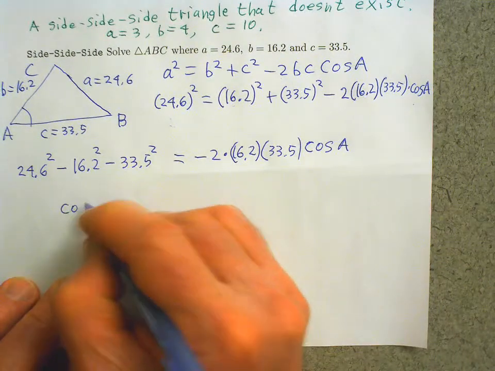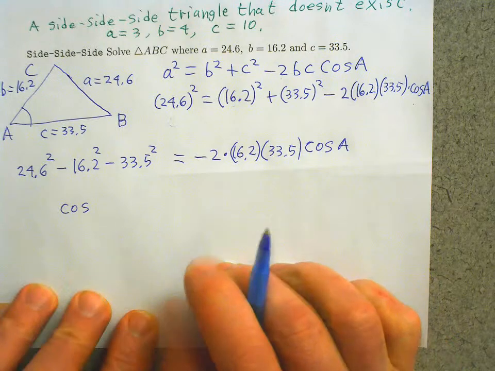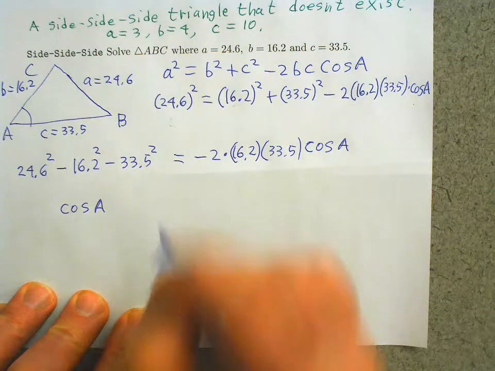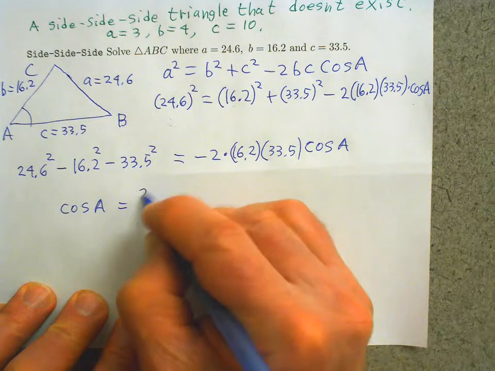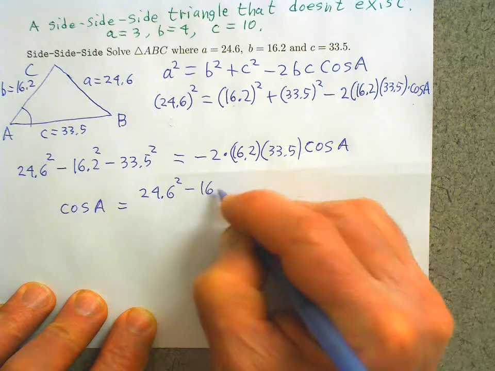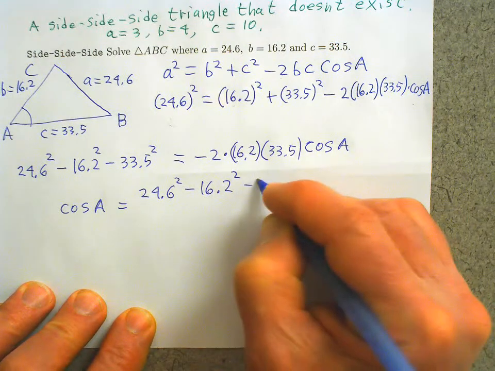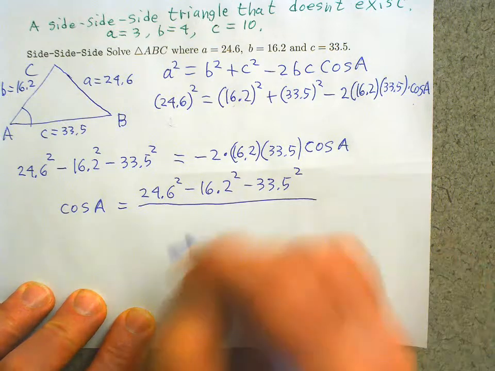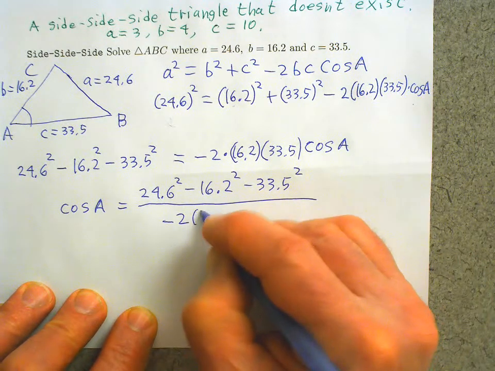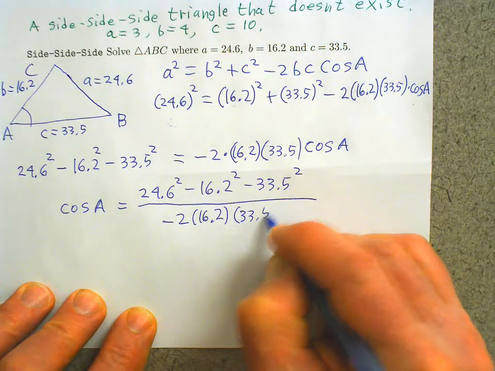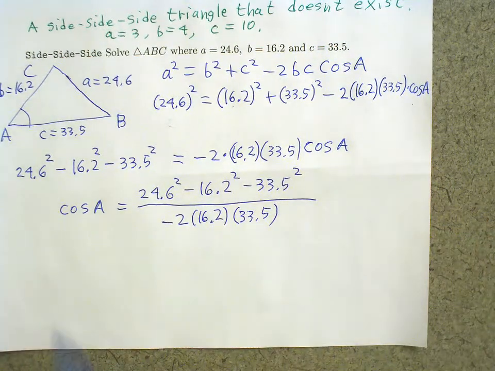So just a couple of steps more, and then we'll call it on this one. So cosine of A is 24.6 squared minus 16.2 squared minus 33.5 squared all over negative 2 times 16.2 times 33.5. And then A is the inverse cosine of that number.